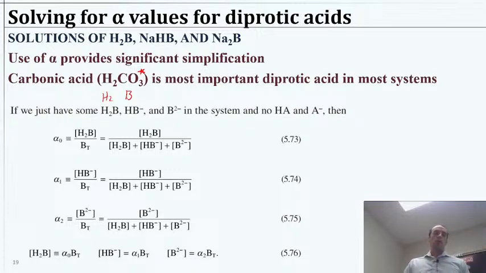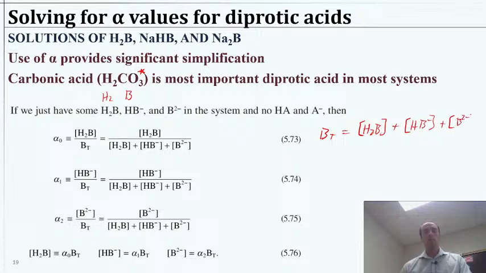All right, so then to solve for the fractions, the basic consideration first and foremost is the mass balance, right? The total amount of this diprotic acid is the sum of all the parts. So we could say B total is H2B plus HB minus plus B2 minus, the concentrations of each of those.